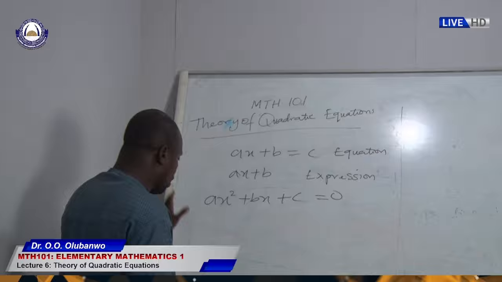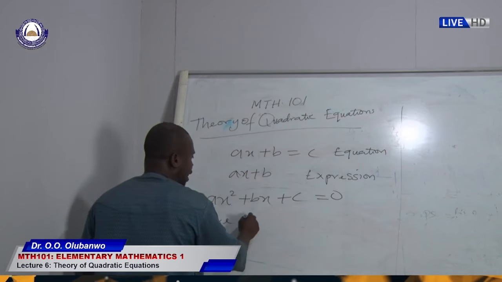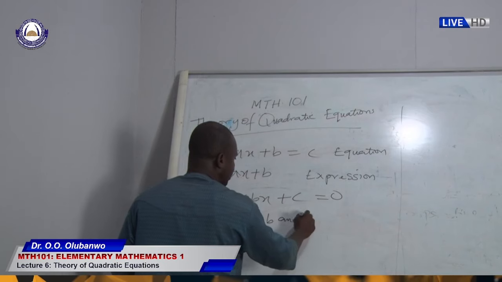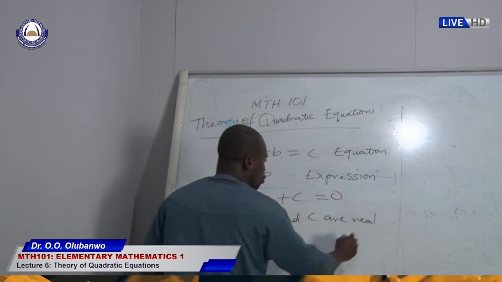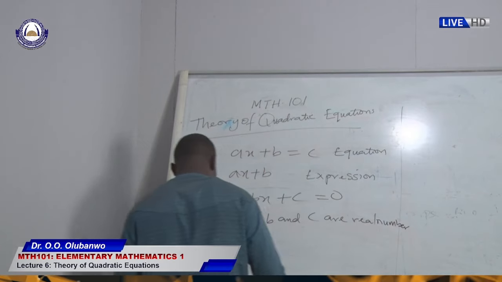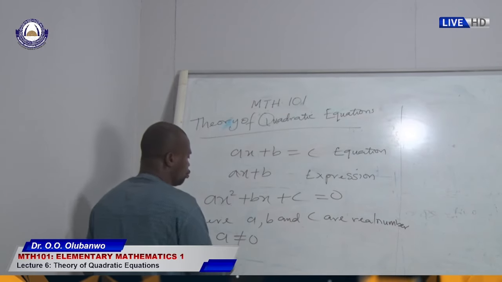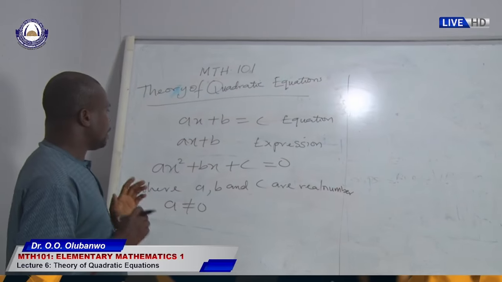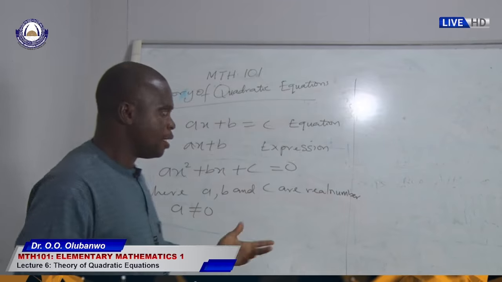This is the general quadratic equation, where our a, b, and c are real numbers. They are real numbers. And our a must not be equal to 0, because if our a is 0, it simply means it is no longer quadratic.